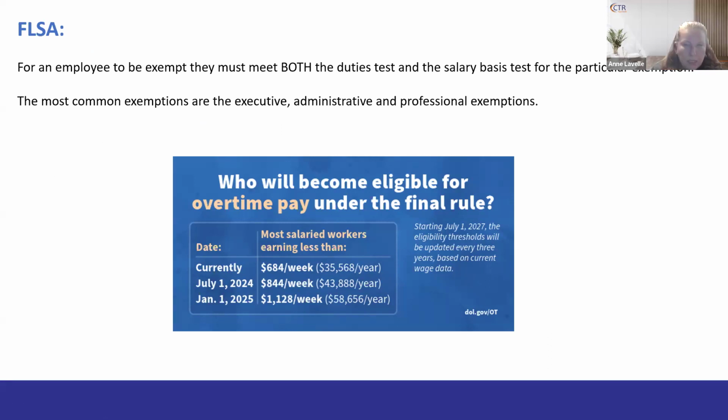But in addition, at all times, they have to meet the duties test. Without knowing more, it's almost impossible to know whether or not they have sufficient independent discretion and judgment, or manage enough people or anything else to know whether those 4 job titles, because job title is irrelevant in this analysis, are going to have sufficient independent discretion and judgment.